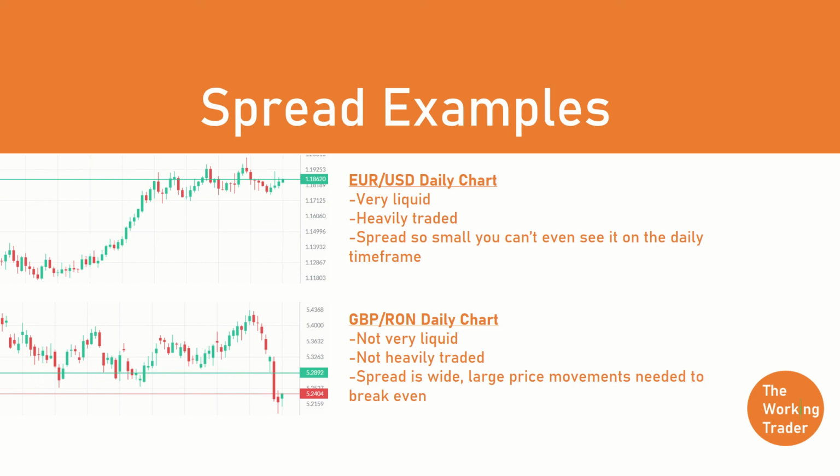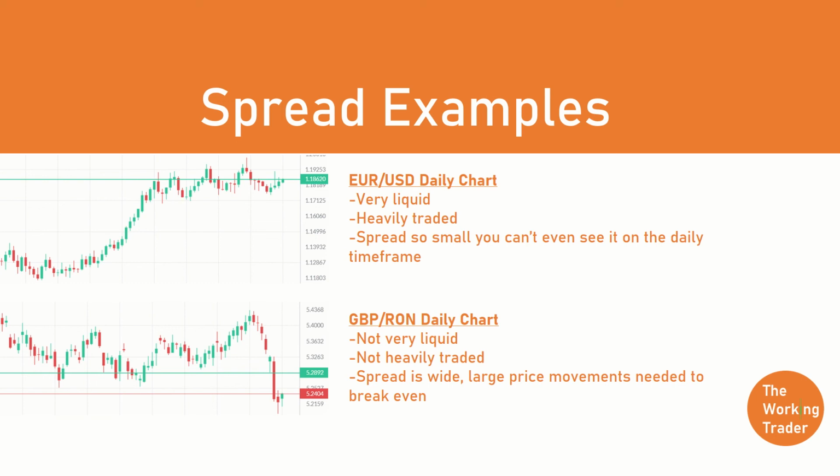Now, the Euro US dollar is one of the most traded instruments in the world. It's extremely liquid. So that means there are a lot of buyers and sellers at any given time. And because of this, the platforms, the brokers are getting loads and loads of trades. So the spread they can charge, they can still make a lot of money just from having a tiny small spread.